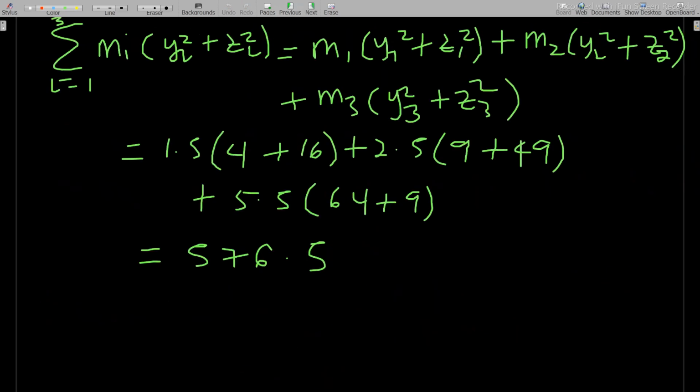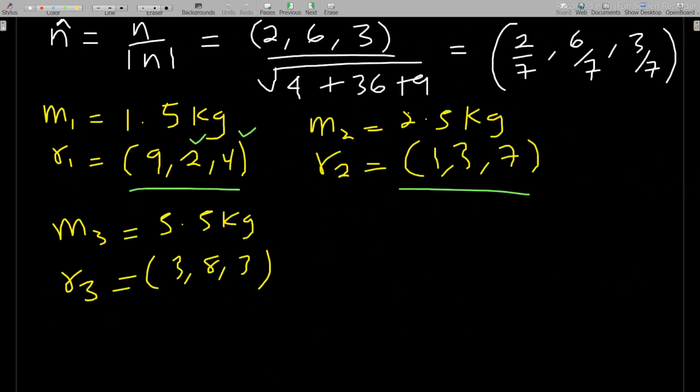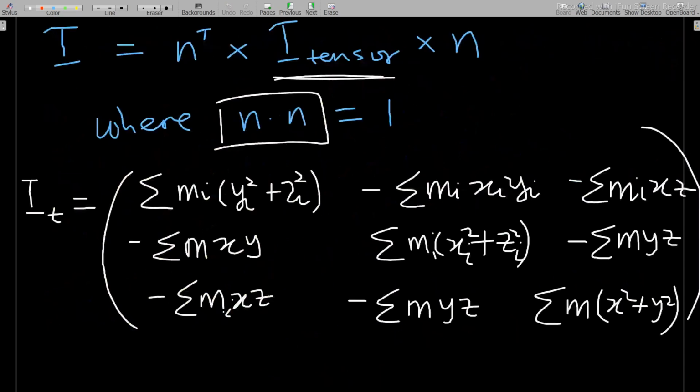So it means that my inertial tensor is now equal to, so I go to my inertial tensor matrix, wherever I see summation whatever, then I put it there, okay. So this, we know the value. We say that this and this are the same, so we put the value for this one here, okay. Likewise, this and this are the same, and the same thing happens to this and this, okay.